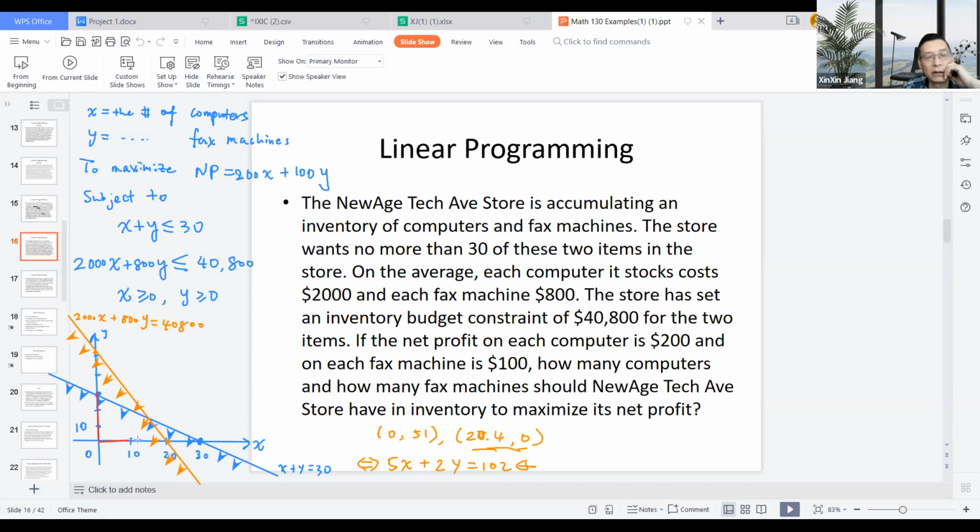I don't need to worry about everything above that. And then this is the boundary we need to use. It's kind of the intersection of these two. This part is not good because it doesn't satisfy the other inequality. And then this one. So it's a quadrilateral.